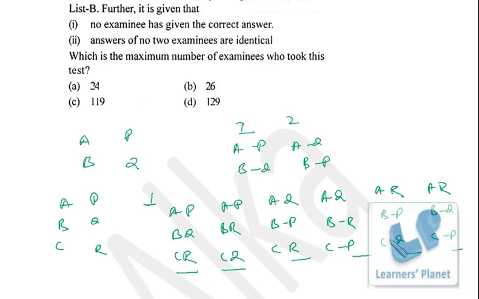So exactly one has to be correct. So if no examinee has given the correct answer, suppose this is the correct answer. In all there are 6 ways of making the answer, and this is the correct answer. That means the total number of examinees is 5 if there are 3 questions in this list.